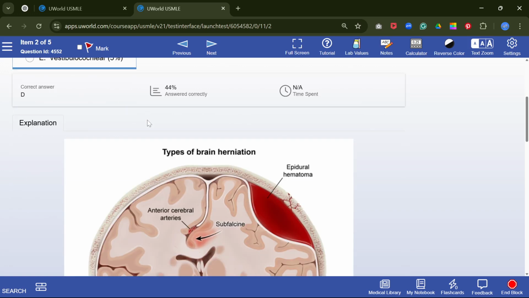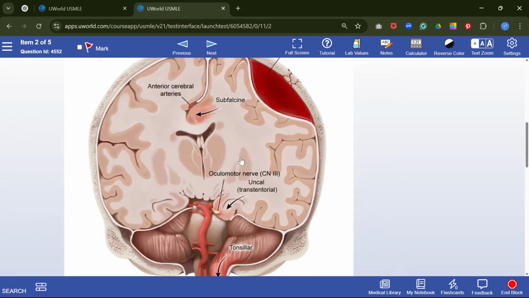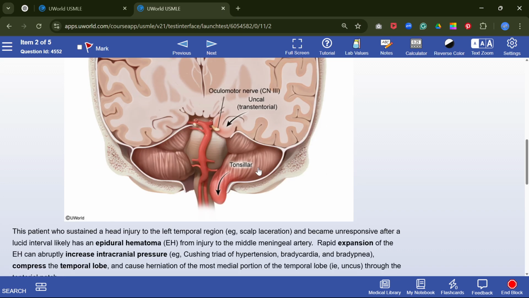So looks like uncal herniation. In uncal or tentorial herniation, there is the third cranial nerve, so the oculomotor nerve can be compressed.